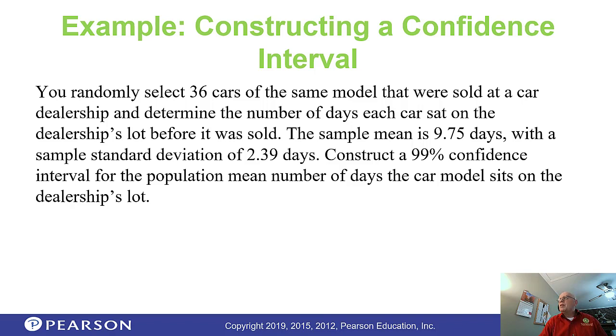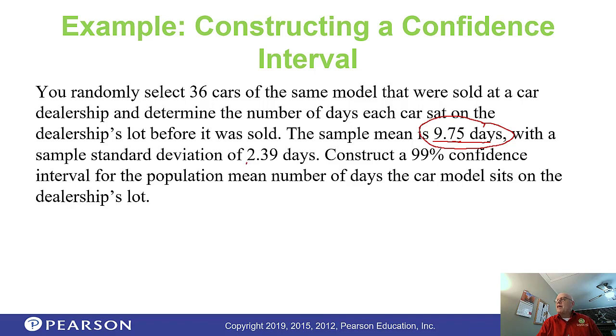So how would you do this one? You have 36 cars at a car dealership. You want to find the number of days each car sat on the lot before it was sold. So you get some information, and maybe the sales manager tells you the sample or average number of days, it's almost 10 days before it's sold, typically.